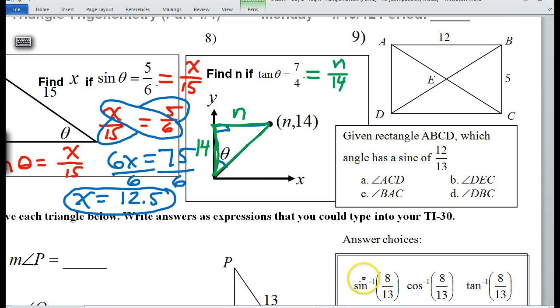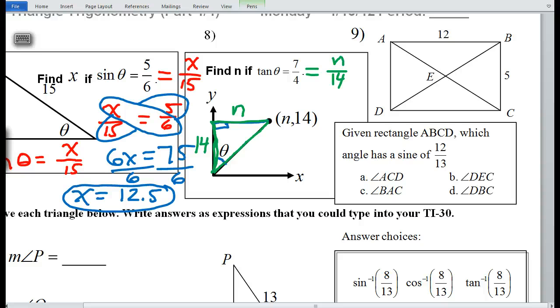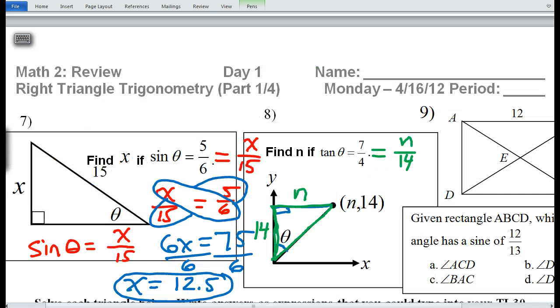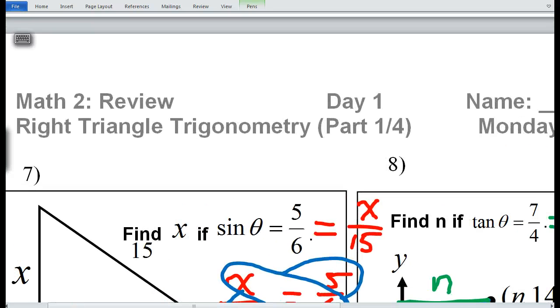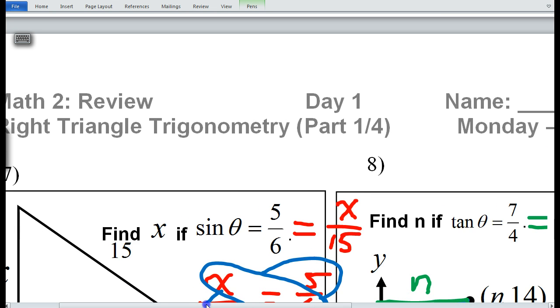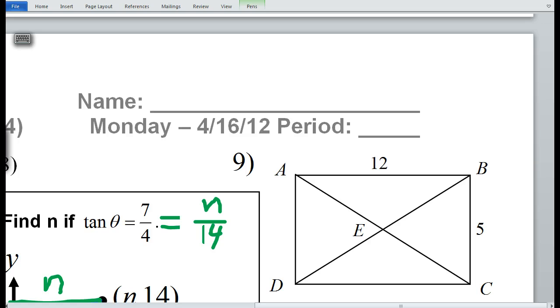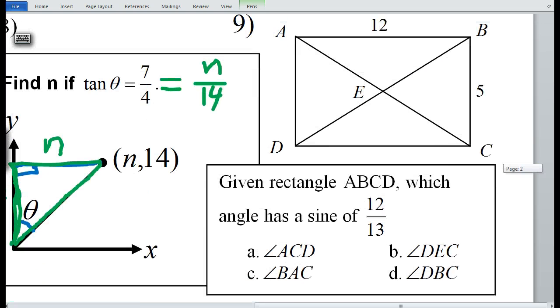Okay, look at problem number 9 with me. Thing number 1 that I need you to understand.